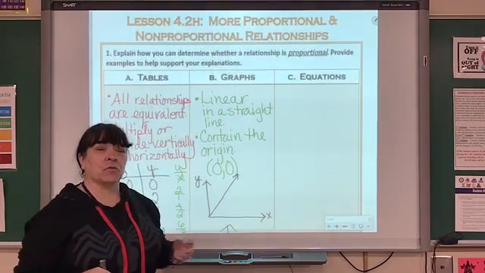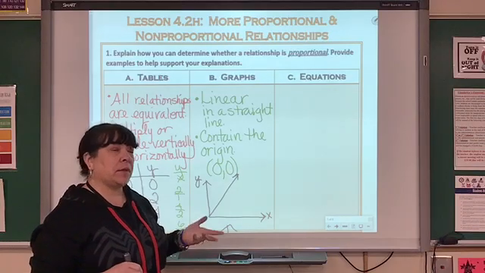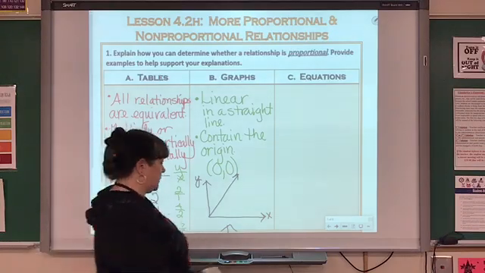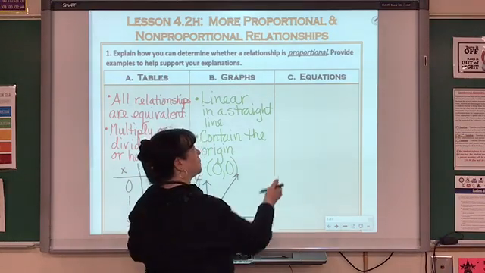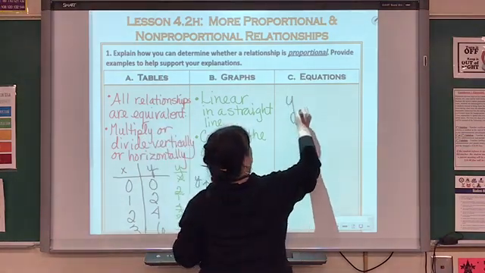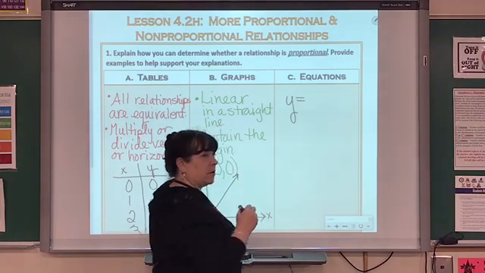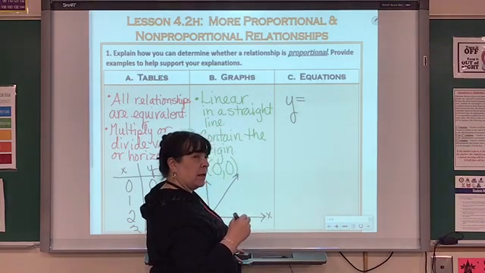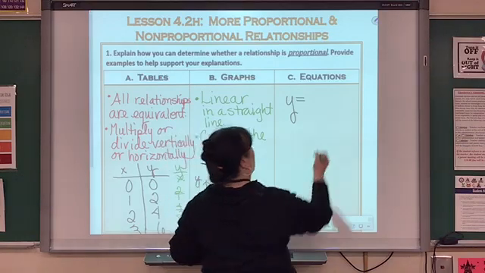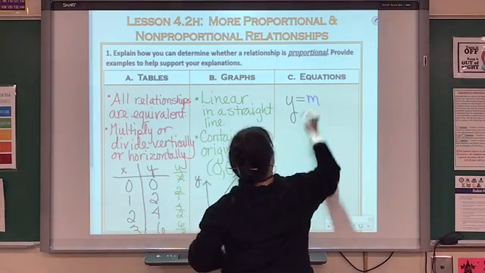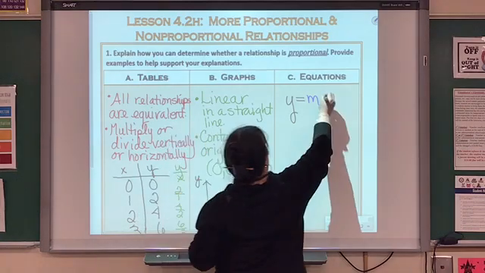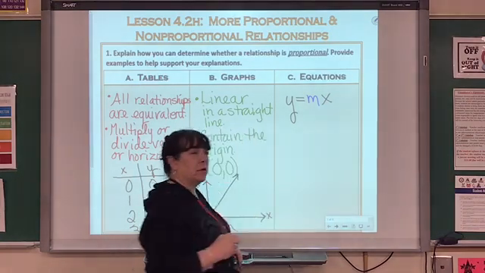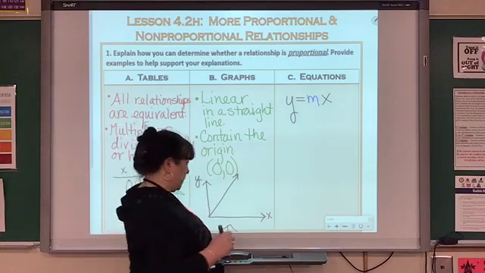Equations, now those are really, really awesome because our equations are in a particular form. Our equations are always going to start with our y value, and then they are going to multiply, and I'm just going to use m, they're going to multiply by the x value. They're going to have a number that multiplies by the x value.